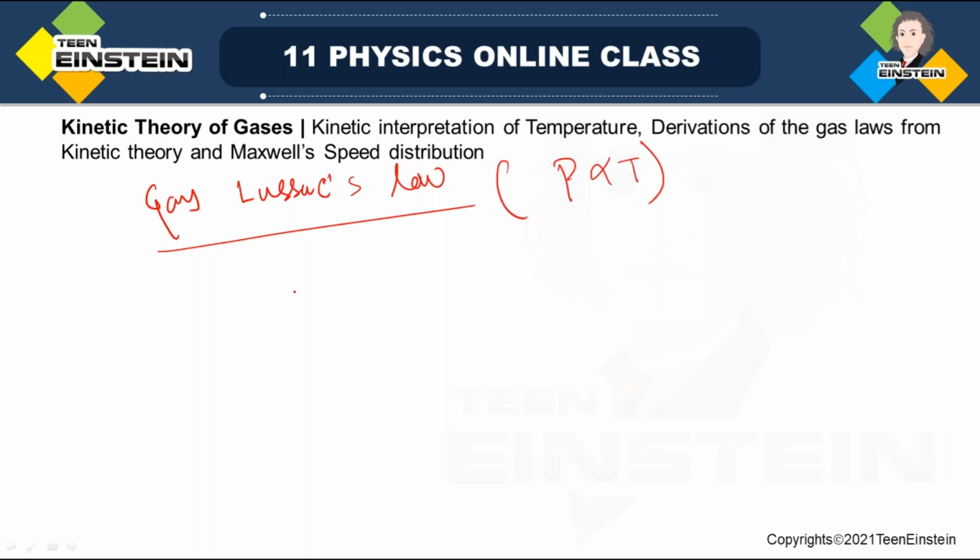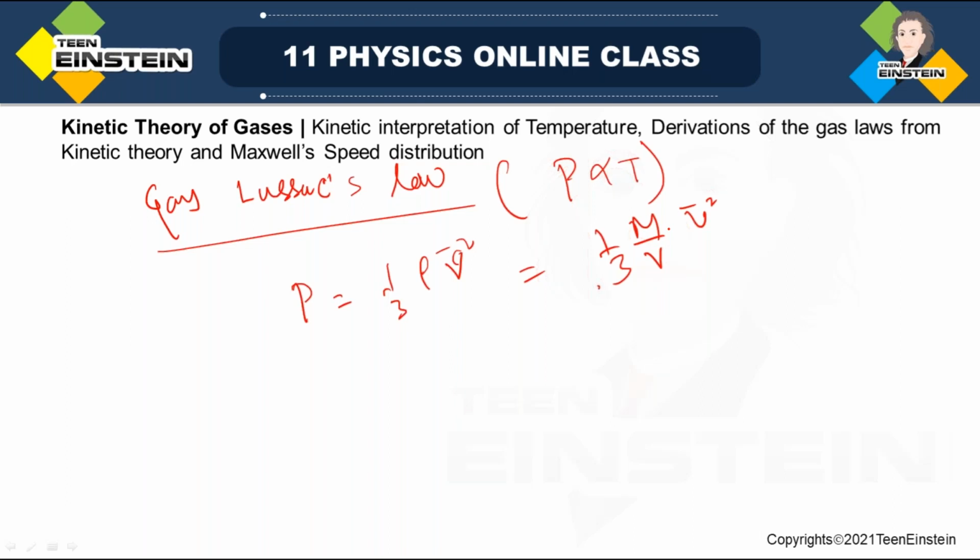So similar thing. P is equal to 1/3 rho v average square. This can be written again as 1/3, rho means m by v.